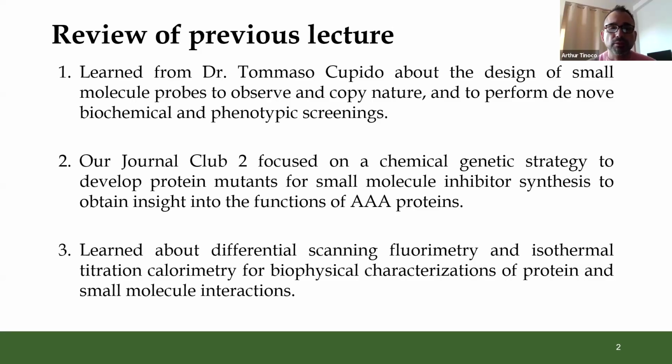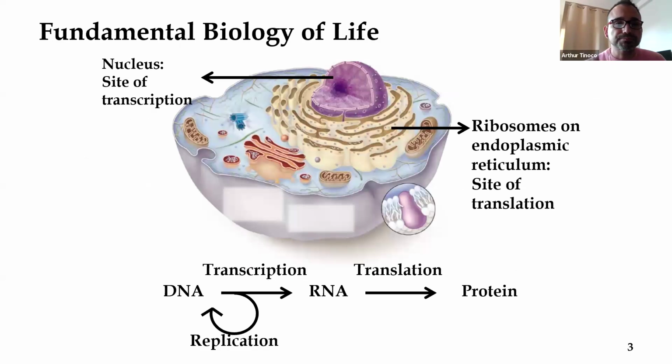Through this journal club, we learned a bit about differential scanning fluorimetry and isothermal titration calorimetry for biophysical characterization of the protein and small molecule interactions. Those were the key techniques that I wanted people to really zoom in on as they provide insight into quantitative interactions, giving you some amount of stoichiometry, but also telling you about how things either become stabilized or destabilized in the presence of, in this context, small molecule interactions.